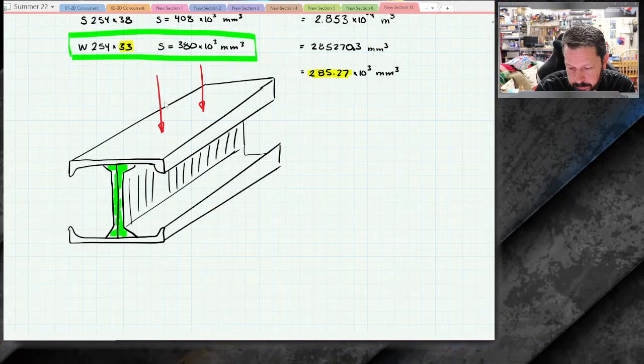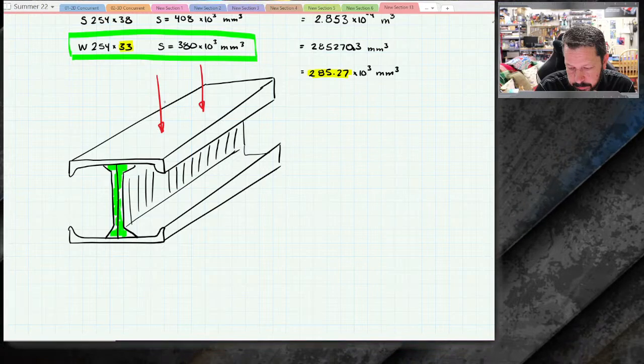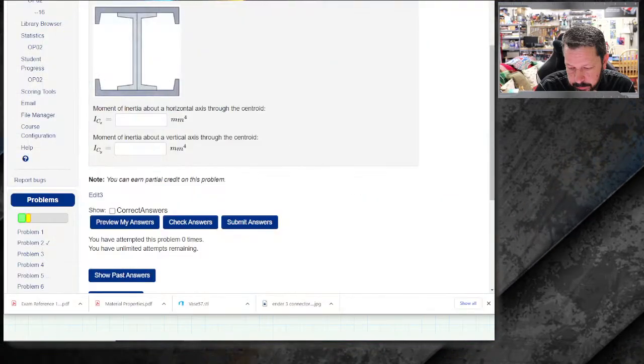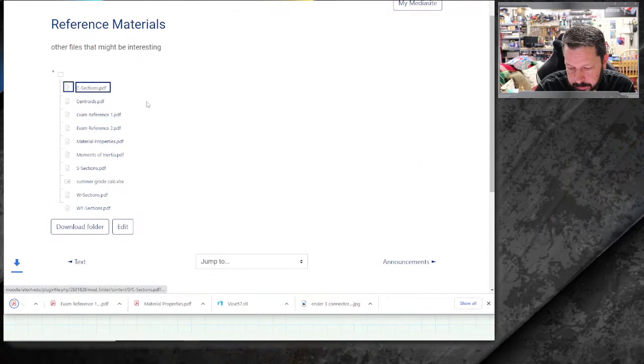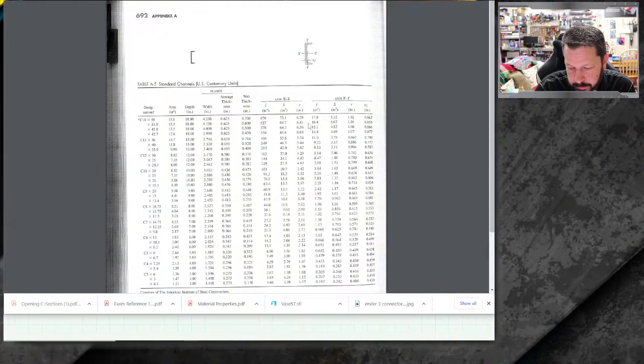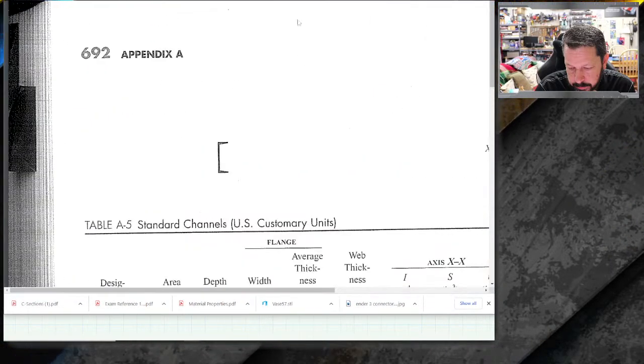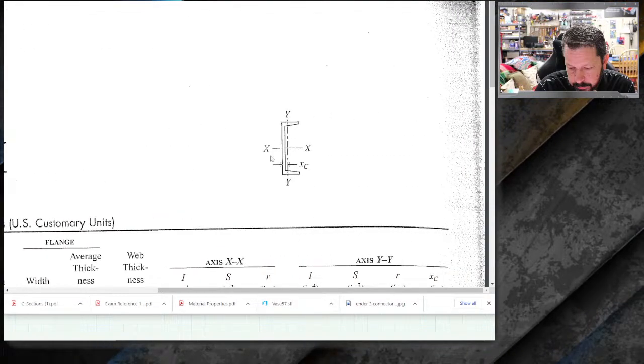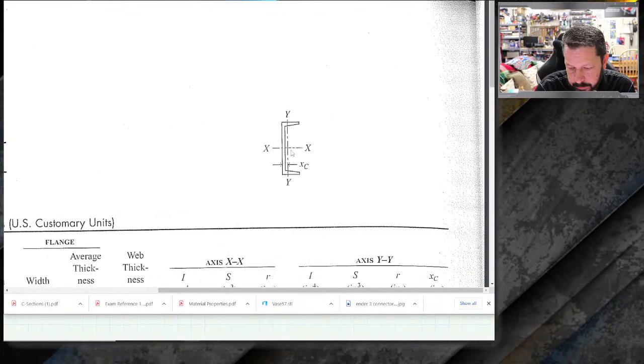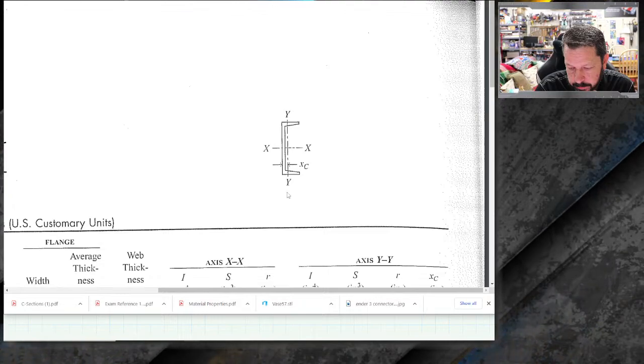So when we do that, let's go look at our channel C-section here. So there's the picture for which direction you use for XX and which direction you use for YY.